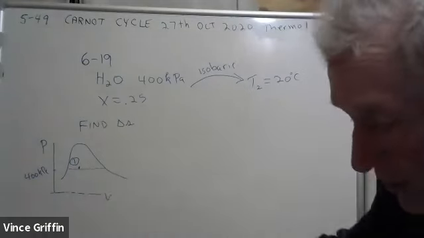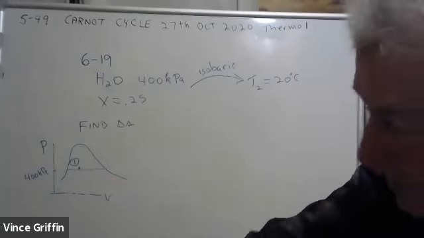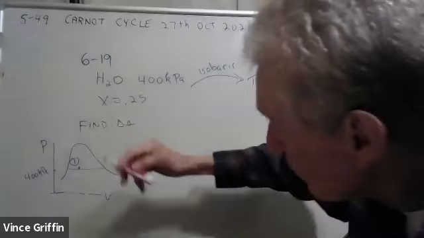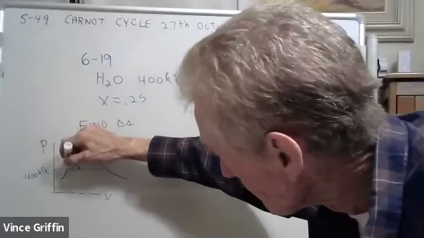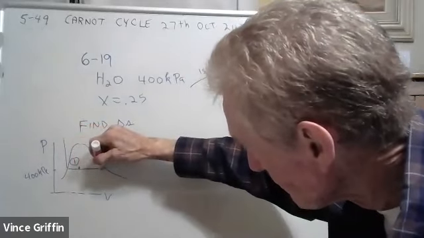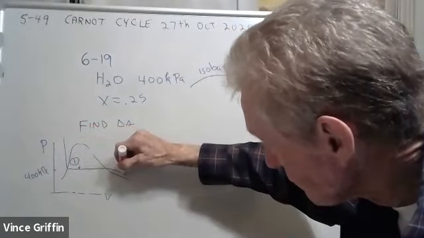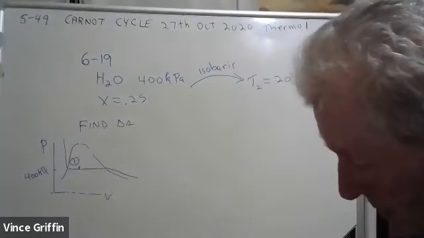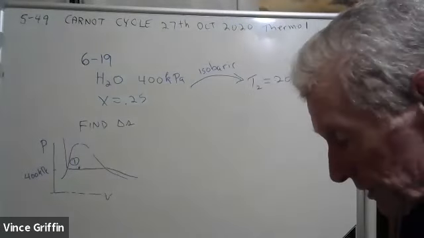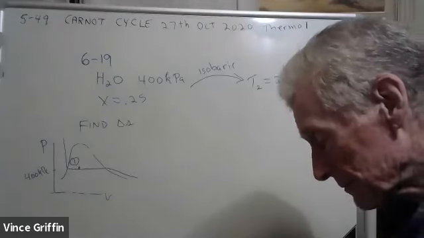Well, what is this temperature here? Now, you guys all have tables. I want to know what this temperature is right here. I'll shut up, and I want you to find that temperature at 400 kilopascals. Go for it.